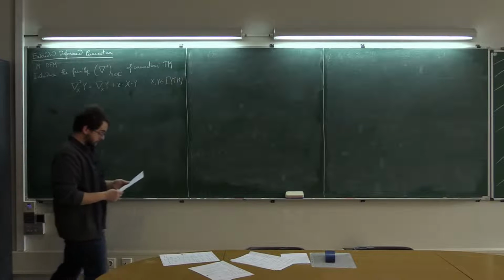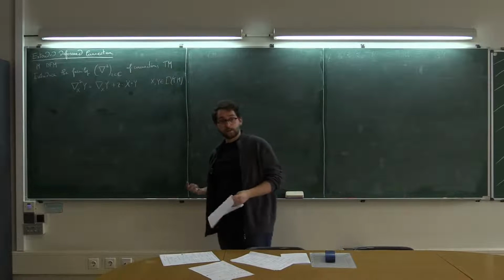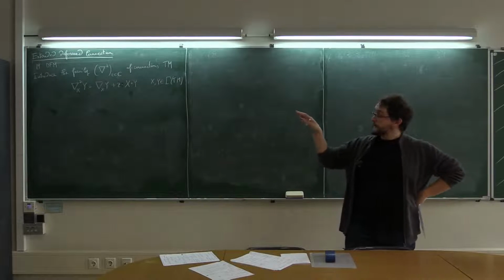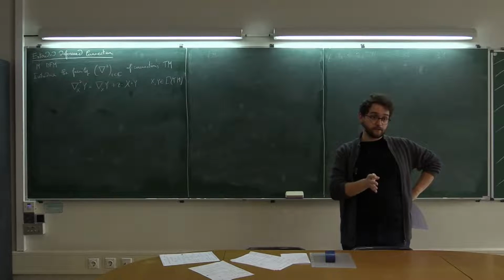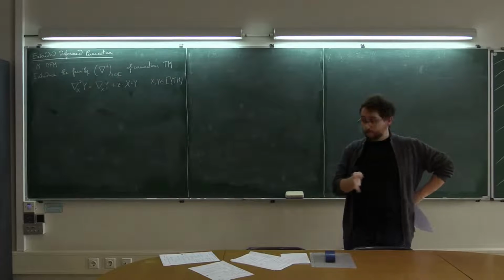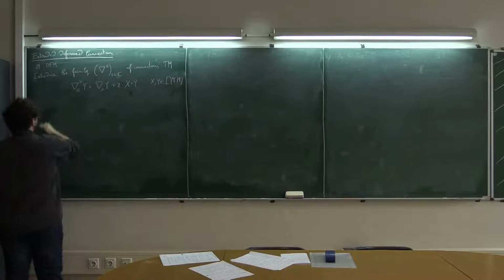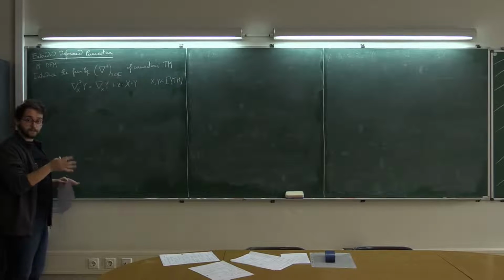Well, but actually, something stronger holds true. We can take such a family of connections and rigidify it into a single connection, the extended deformed connection, and it will turn out that this extended deformed connection is actually flat.